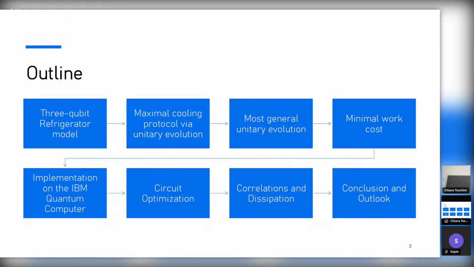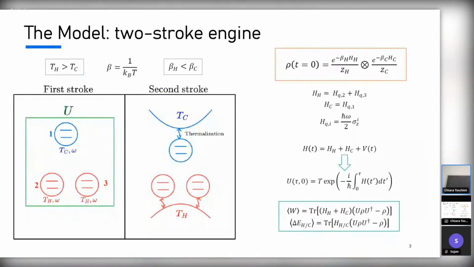This model and this protocol was implemented on an IBM quantum computer after a circuit optimization that aims to reduce noise. Last, I did a study on the role of correlations and dissipation and how they impact the performance of the protocol.